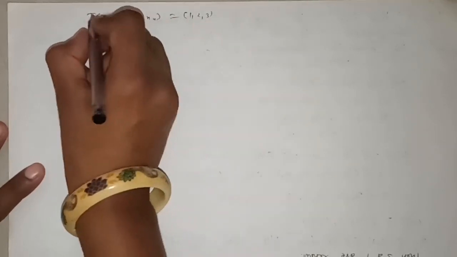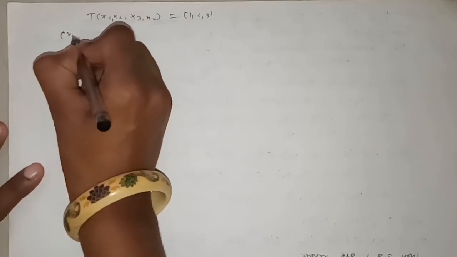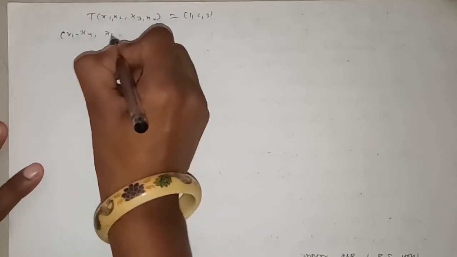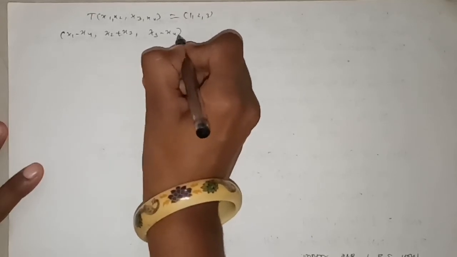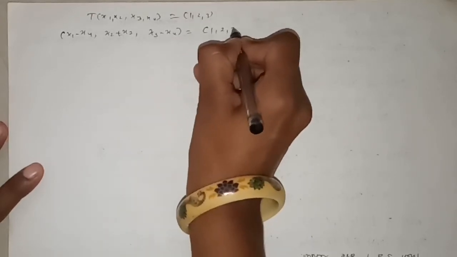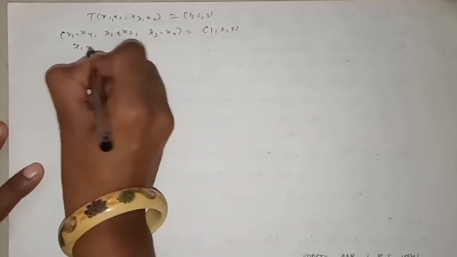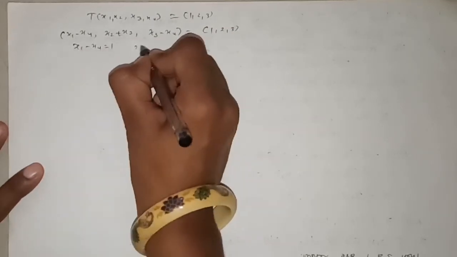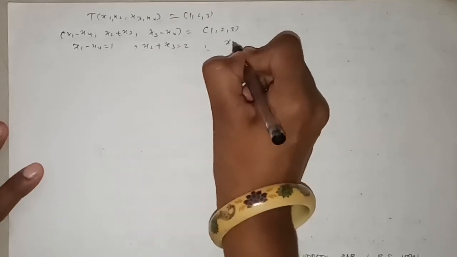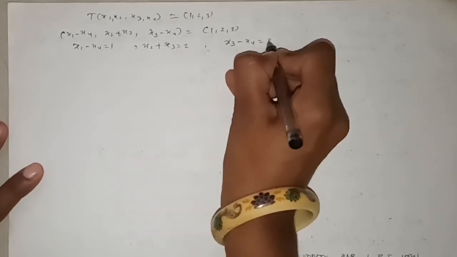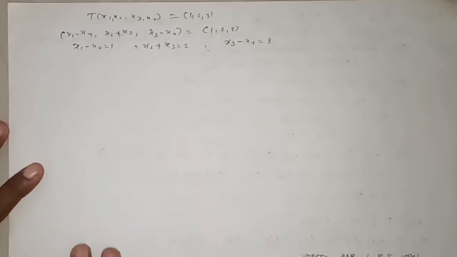Now this is (x1 minus x4, x2 plus x3, x3 minus x4), which is equal to (1, 2, 3). So x1 minus x4 is equal to 1, x2 plus x3 is equal to 2, and x3 minus x4 is equal to 3. Now we have to solve this equation.